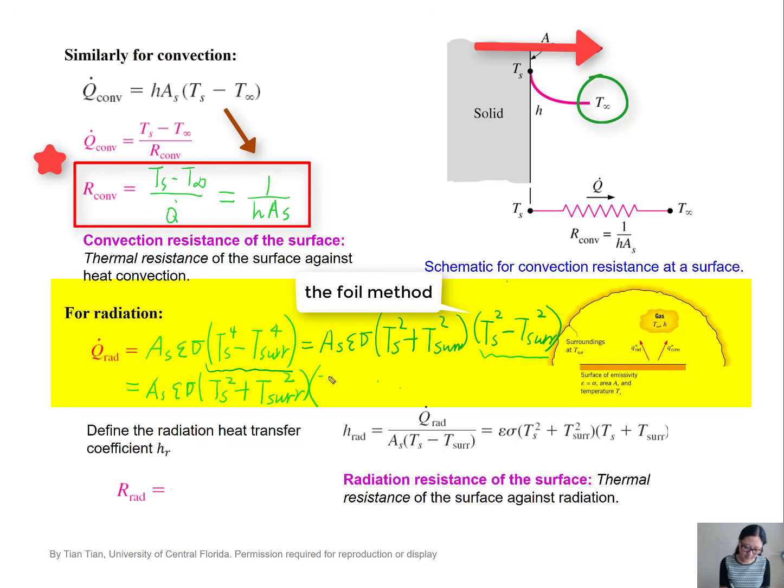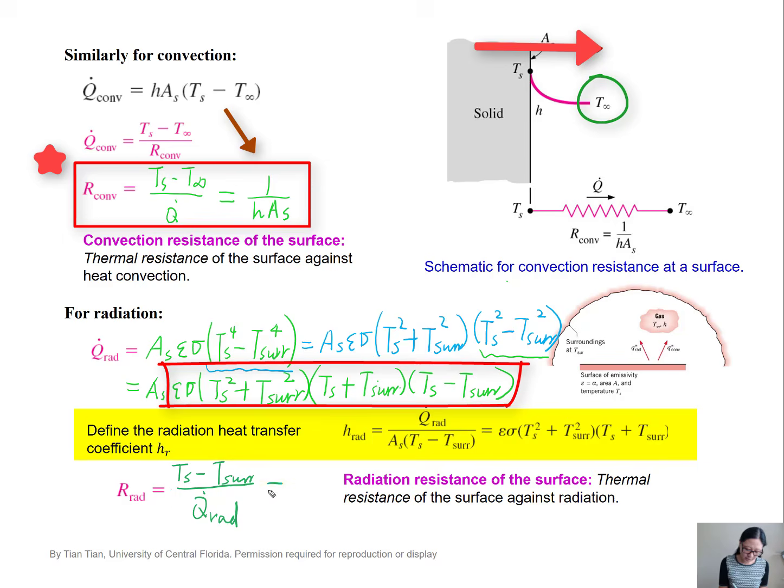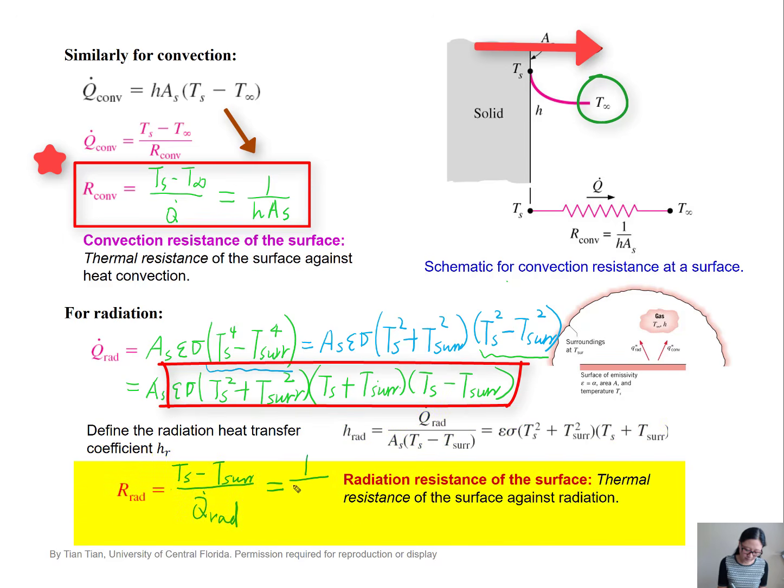So this term is (Ts plus T surroundings) multiplied by (Ts minus T surroundings). Now let's define the radiation heat transfer coefficient, hR, as the combination of this. So radiation resistance is 1 over hRA. So with the definition of radiation heat transfer coefficient, hR, now the radiation resistance looks similar to convection resistance.